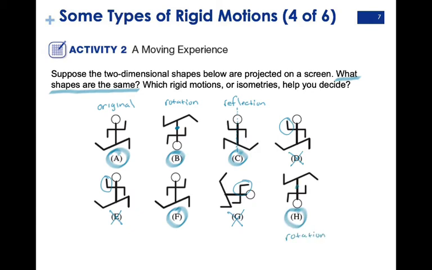And then H would be a rotation. And in fact, this is really the same as B, right? Those guys are the exact same image there. And if we look at these closely, the ones that we X'd out, those are actually going to be the same to themselves because the orientation is correct there. So those are just some rotations.